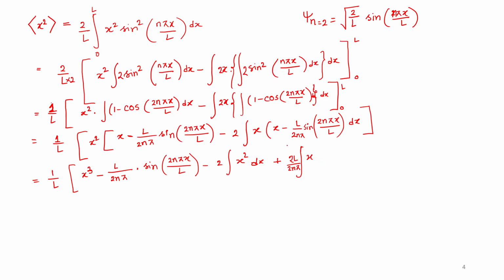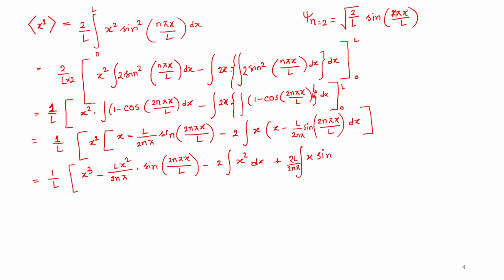I hope you are following me. 2L by 2n pi. Yes, in the beginning, x cube. After that, it is minus l x square. It will be, no. We are multiplying the x square with the entire term, right? Yes, correct. So lx square upon 2n pi. Yes, thank you very much.